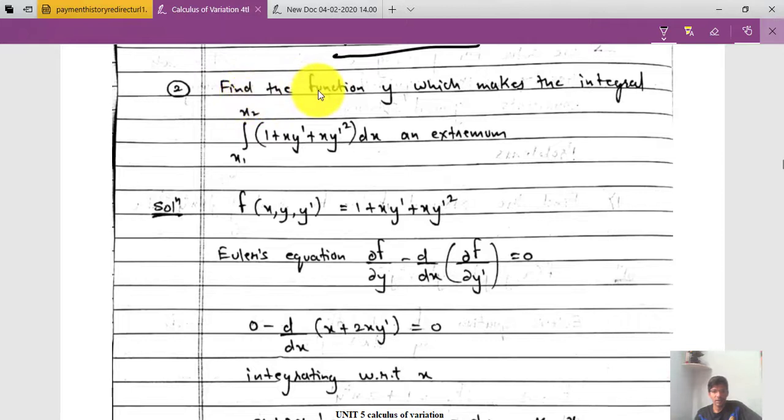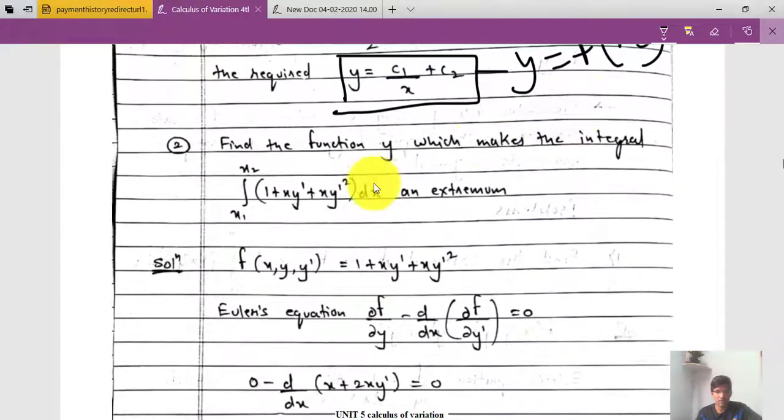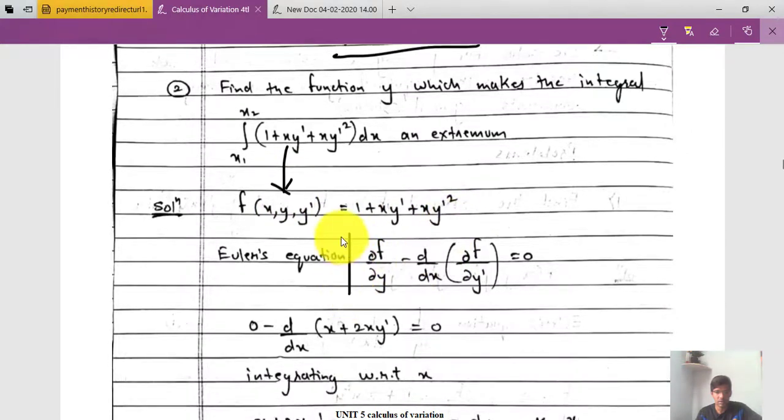Find the function y which makes the integral extremum. So this given integral is (1 + x y' + x² y'²) dx, extremum. So given f of x is this, and this I am writing in this particular manner, my Euler's equation.